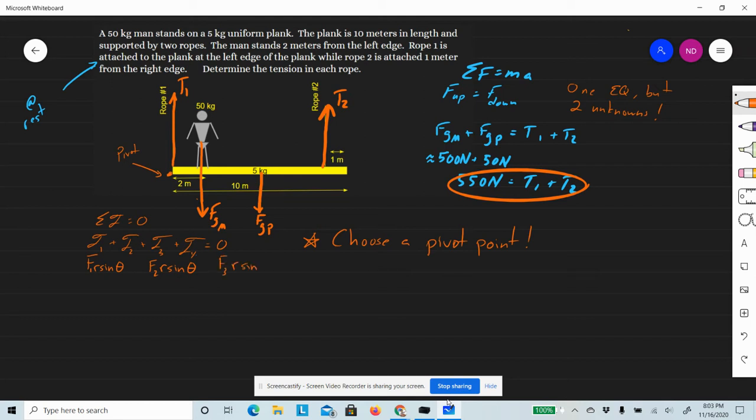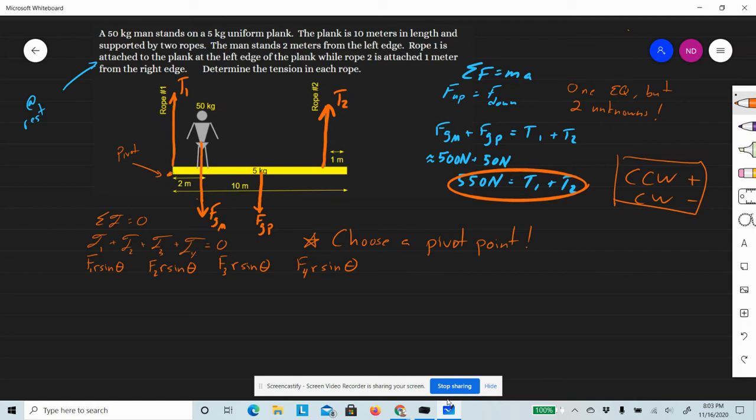F3 R sine theta and F4 R sine theta. Any force that causes a rotation in the clockwise direction will be considered negative. Any force that causes rotation in the counterclockwise direction would be considered positive. So that's convention, right? Counterclockwise, positive, clockwise is negative. Should remember that.